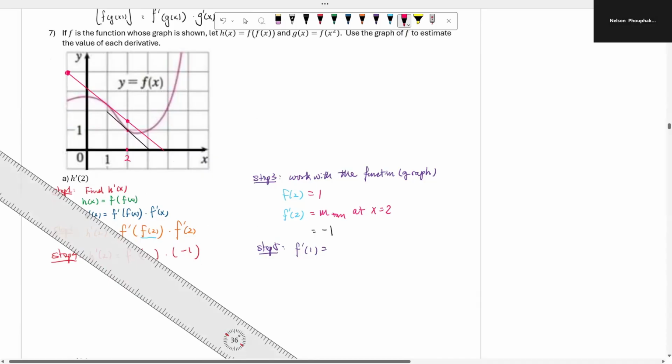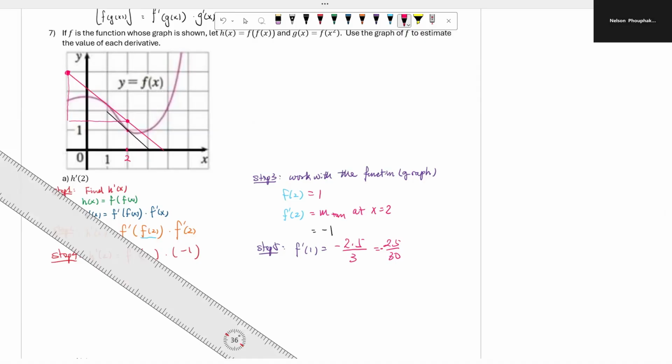So to this one, we go down by 2.5, and then we run it by 3. Then to this one here, we could write it as maybe negative 25 over 30.